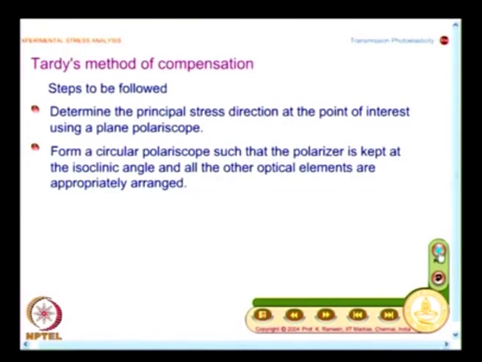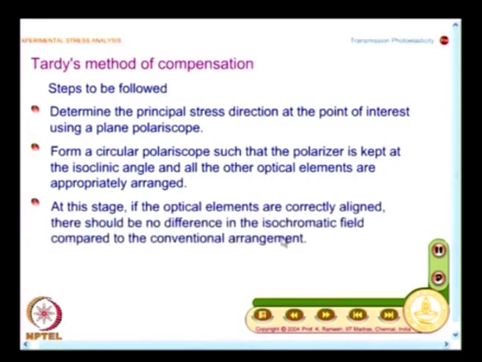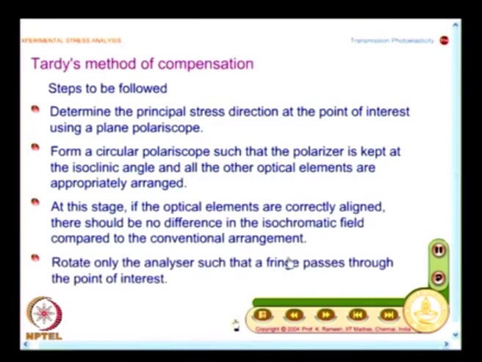Then the next step is you simply rotate the analyzer. Rotate only the analyzer such that a fringe passes through the point of interest. And what I have said is summarized. If the optical elements are correctly aligned, there should be no difference in the isochromatic field compared to the conventional arrangement.